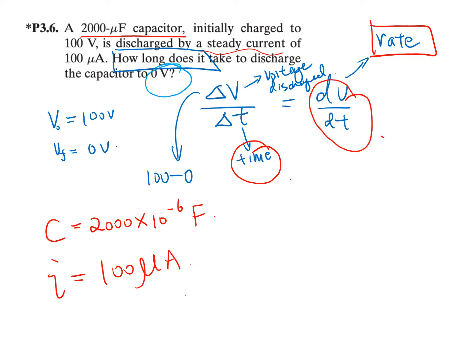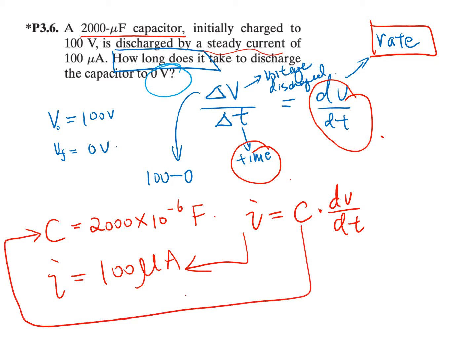We know that for a capacitor, to calculate the current, we have a formula I is equal to C times dV over dt. We know that I is 100 microamp, C is 2000 times 10 to the negative 6 farads, so we can easily find out that dV over dt is equal to 0.05 volt per second.